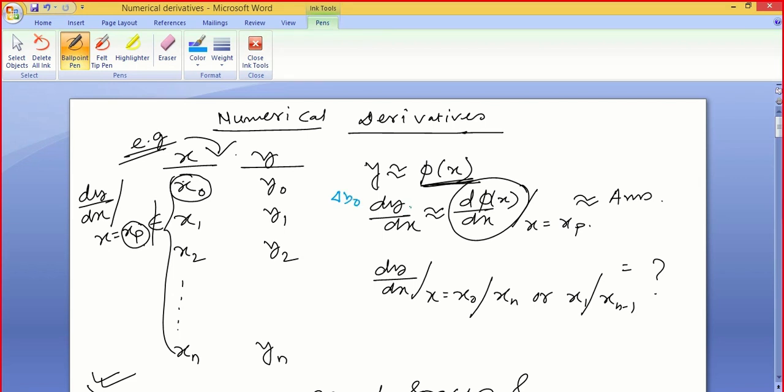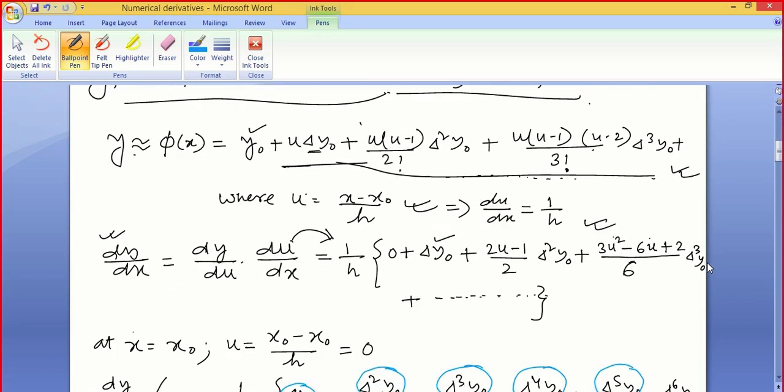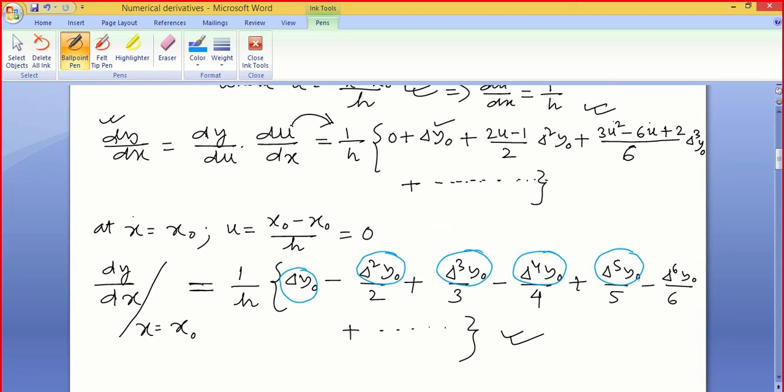The second difference value will come in the second column, del square y0. Third, del cube y0, del 4 y0, in that way, del n y0. In that way, the upper diagonal elements are useful to construct this formula. Okay. You got my idea?